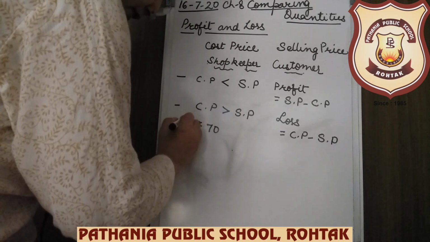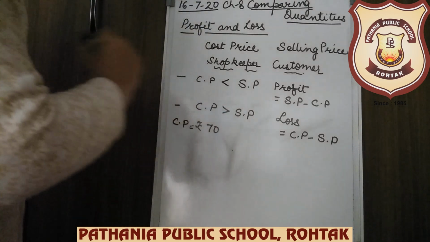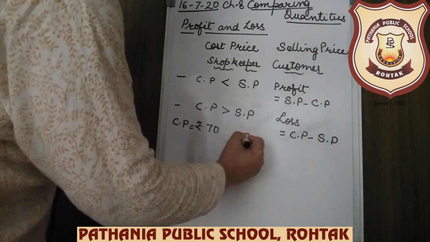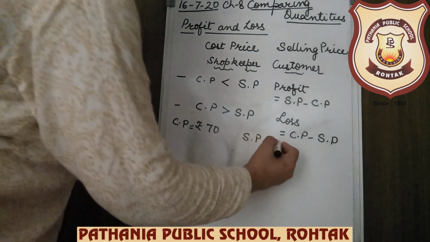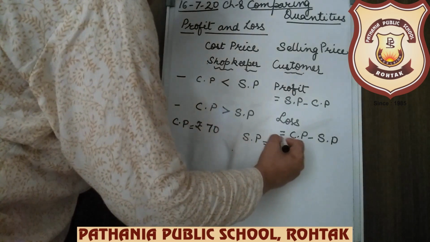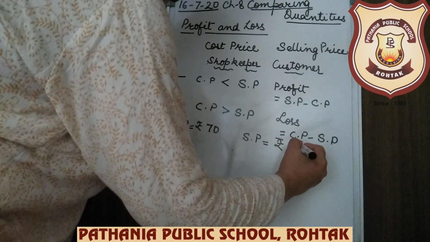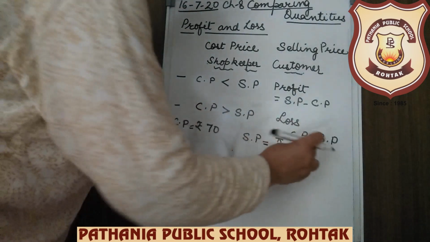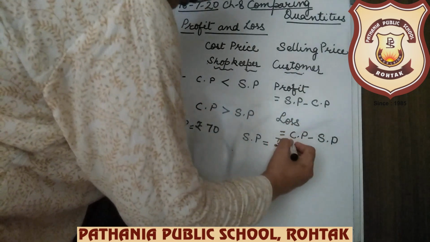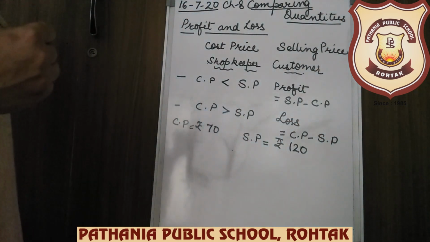So this is the cost price to the shopkeeper, rupees 70, and then sells that article at rupees 120.